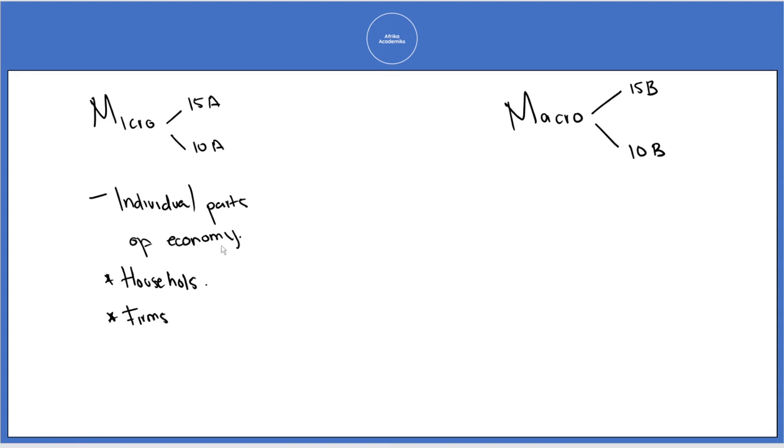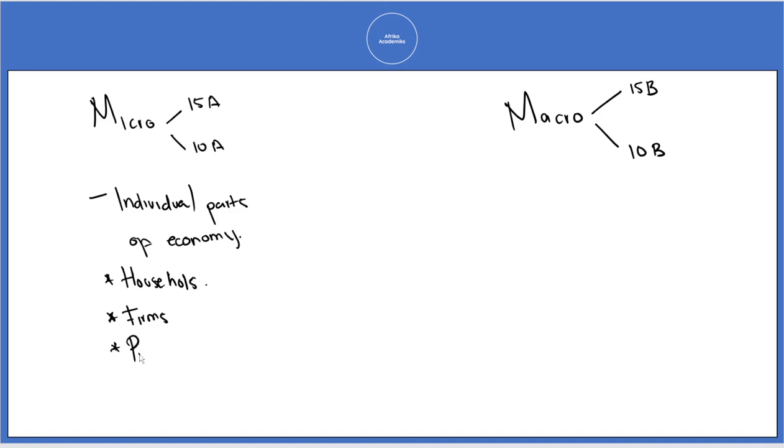So by households, it's you guys, your salaries, are you working, what do you prefer, and all those things. And then with firms, you'll focus on maybe one industry like the food industry, or the gas industry, or manufacturing cars, stuff like that.